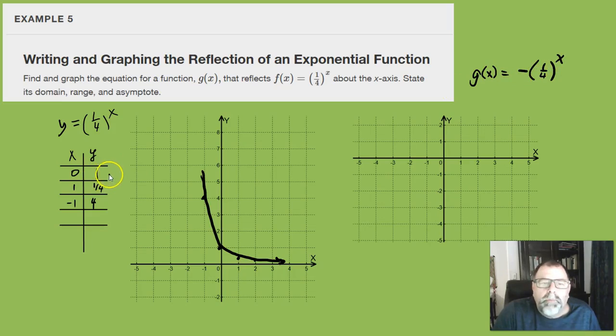So we're going to multiply all these by -1 to get the g of x. So it'll be 0, -1, 1, -1/4, and then this will be 1/16, and then -1, -4, and it flips it upside down. So we get this kind of curve.